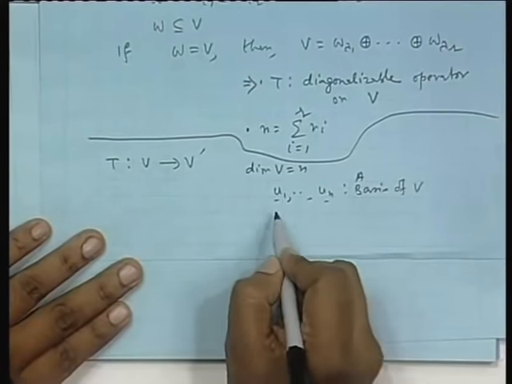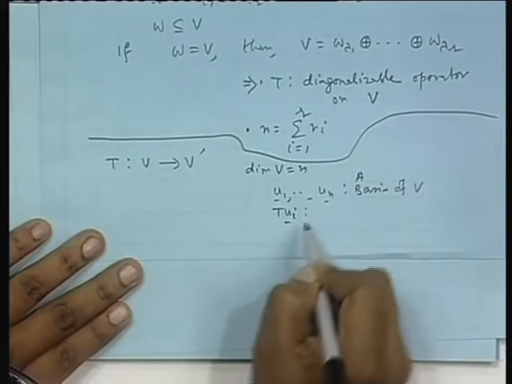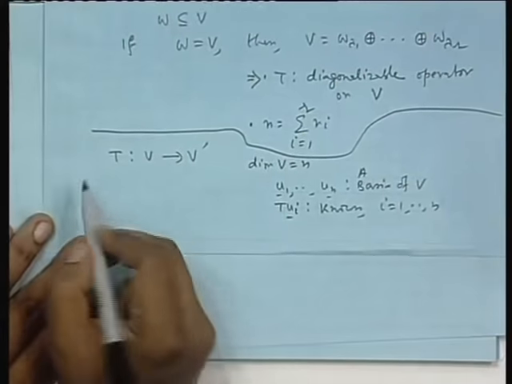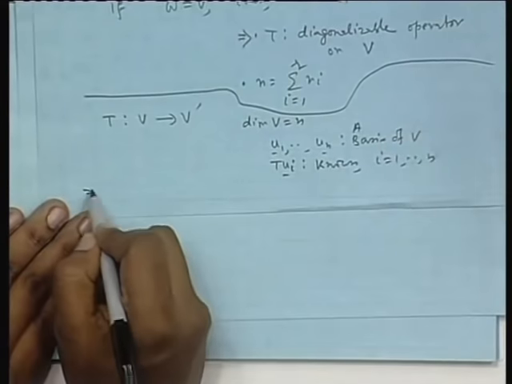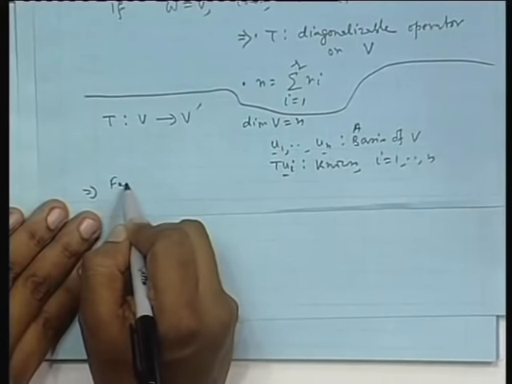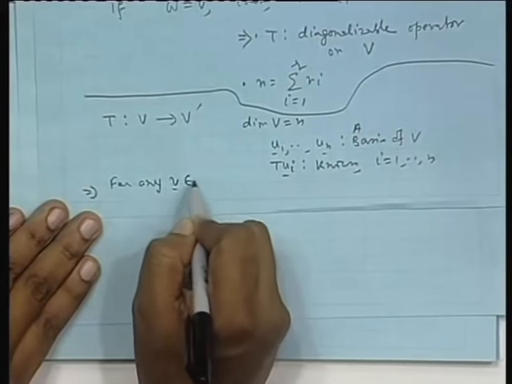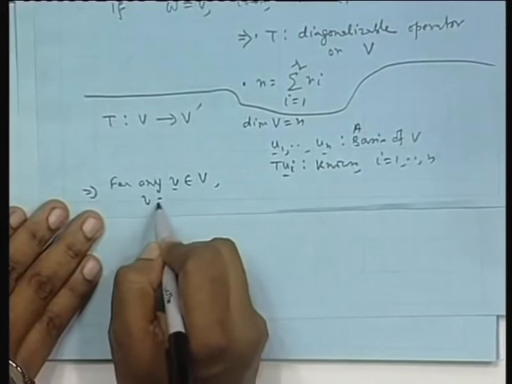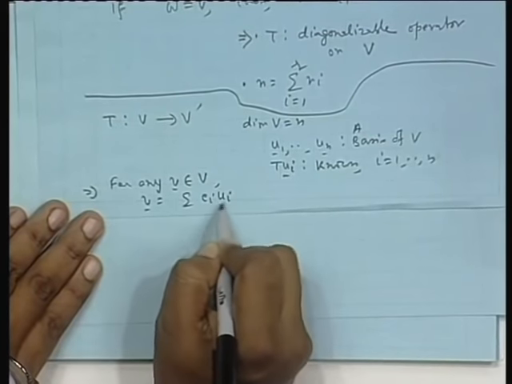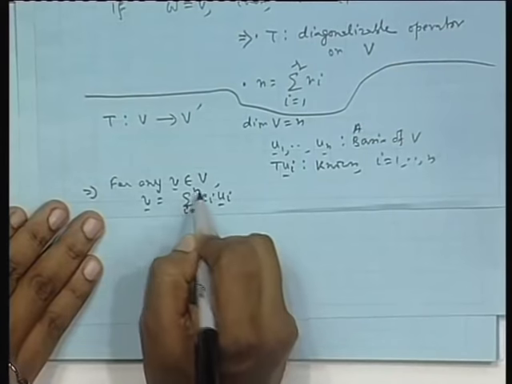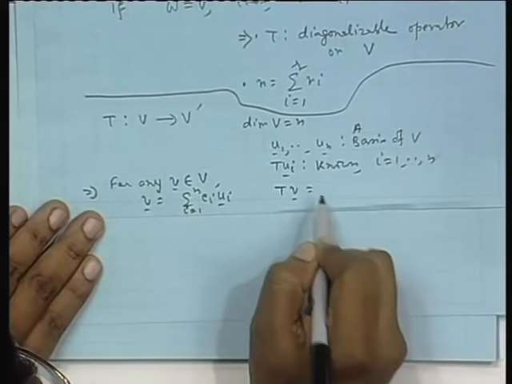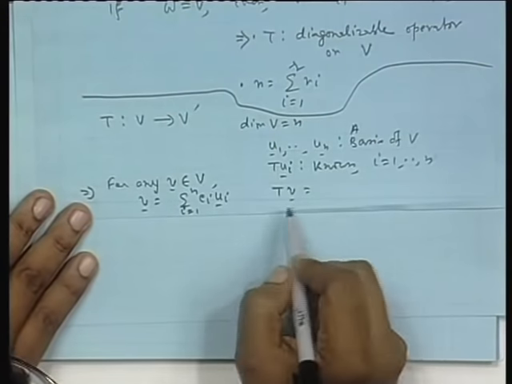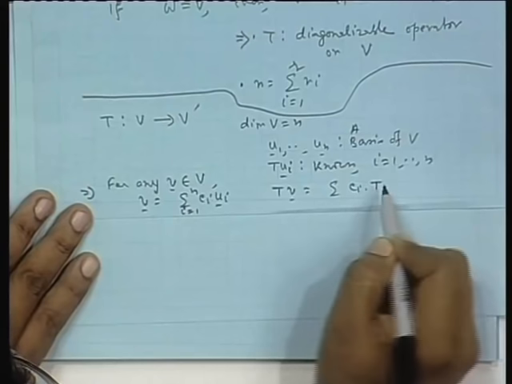If these are known, that is, if T u_i is known, i equal to 1 to n, then for any v, element of V, we can write v as some linear combination of these basis vectors, summation c_i u_i, i equal to 1 to n. So, how to compute T v? If I know T u_i, it is very simple. T will be working on this, and using linearity, it will be nothing but summation c_i T u_i.